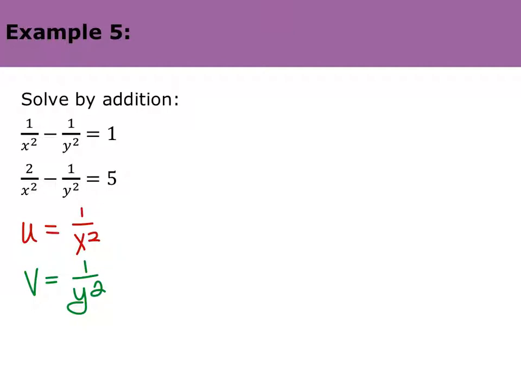So now we can plug in, and that means that our first equation is U minus V equals 1. And the second one is 2 times U minus V equals 5.